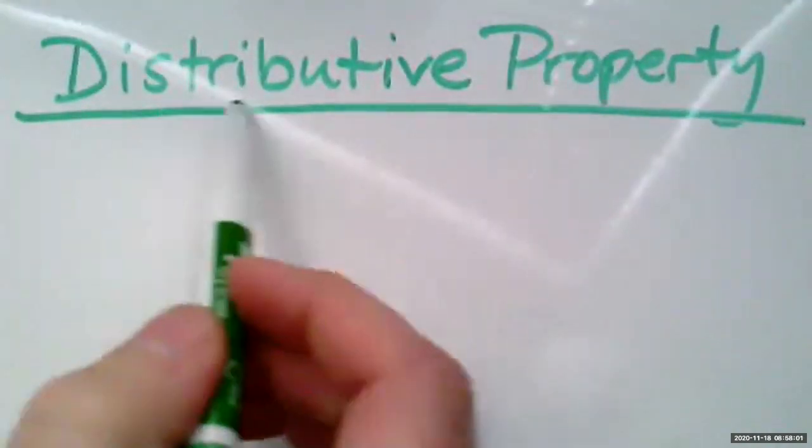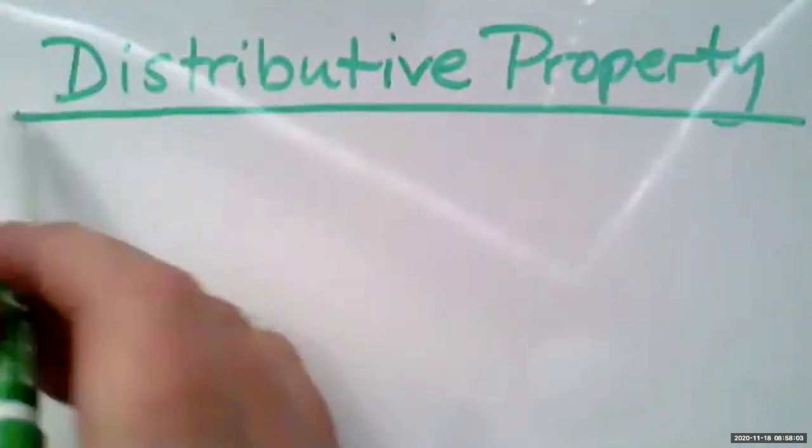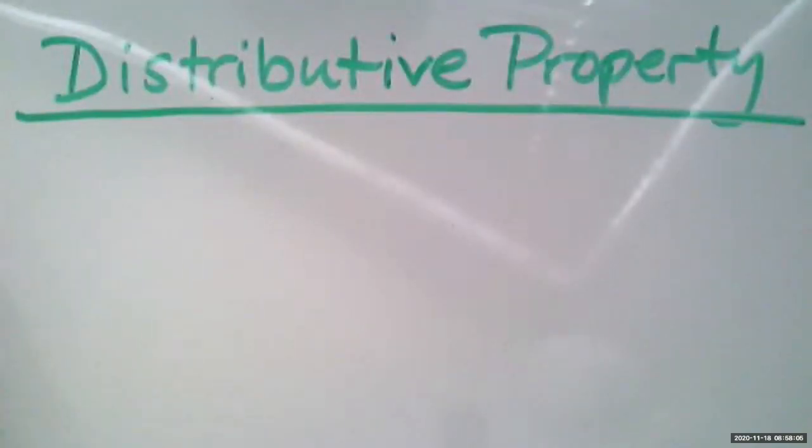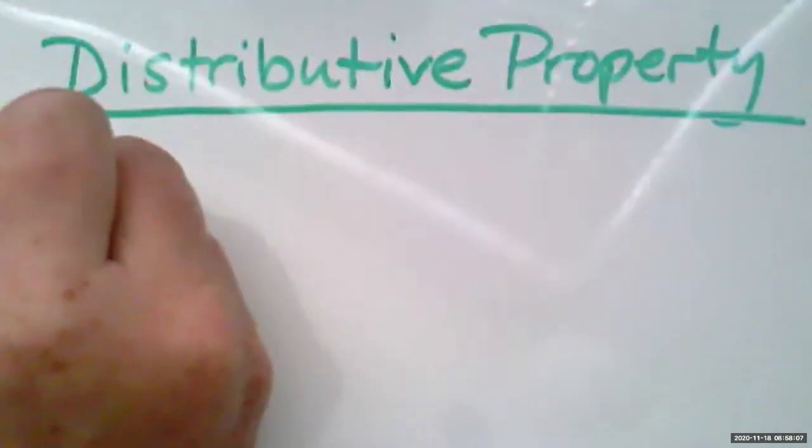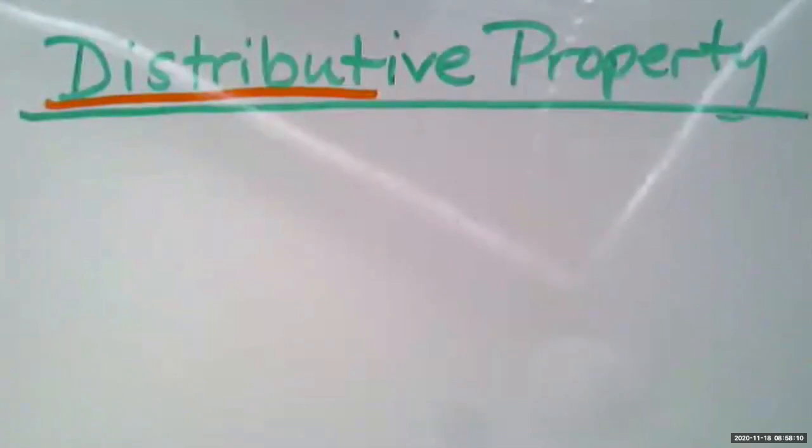Now, the word distributive has this word distribute in it. If I'm breaking down this word and I hear the word distribute, that means that you are going to take something out that involves everything, or all the numbers.